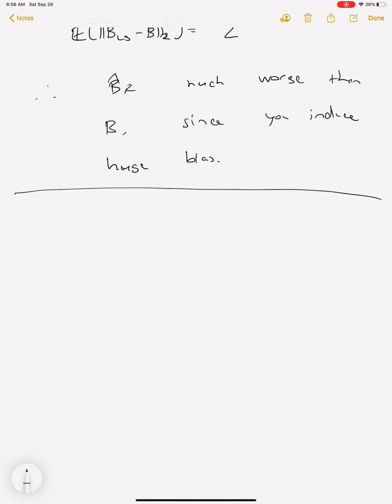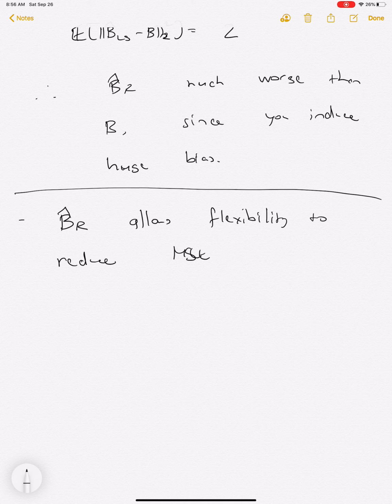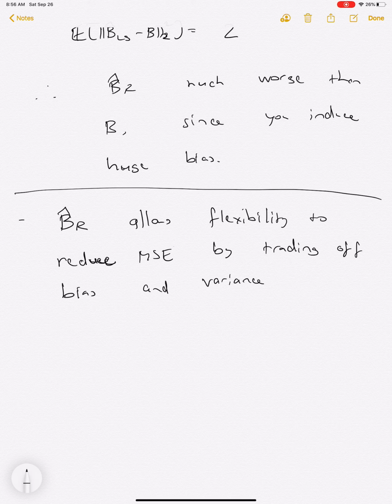So just to comment on these results, you can see that this beta hat R allows the flexibility to reduce the mean squared error by trading off the bias and the variance through this parameter lambda.